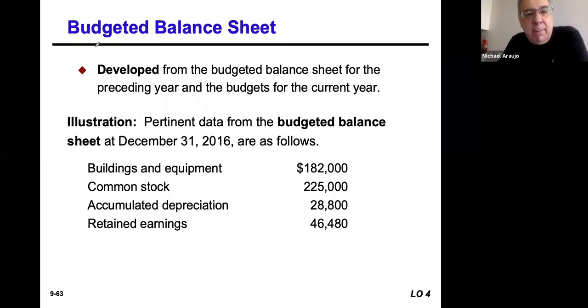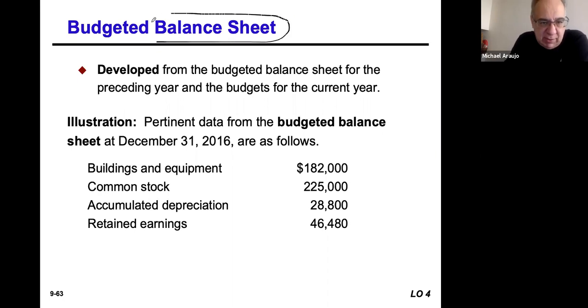So now we're at the budgeted balance sheet. So again, it's a balance sheet that's based on all the budgets plus some additional information. There's always going to be a little bit of additional information given to you regarding that.